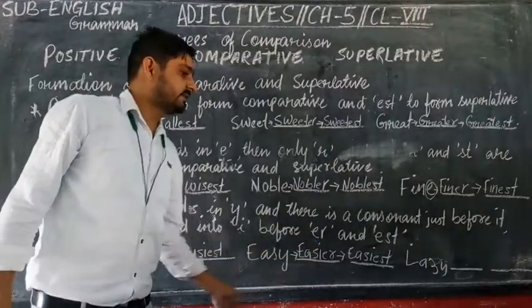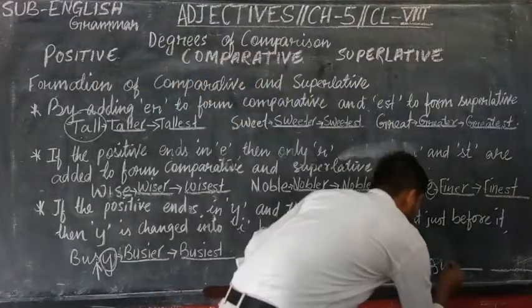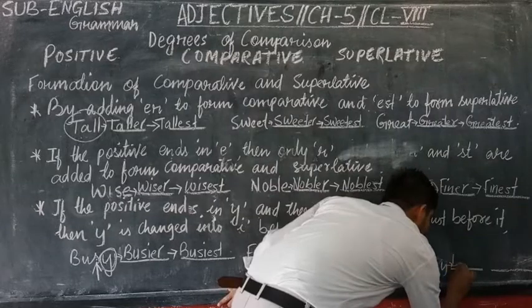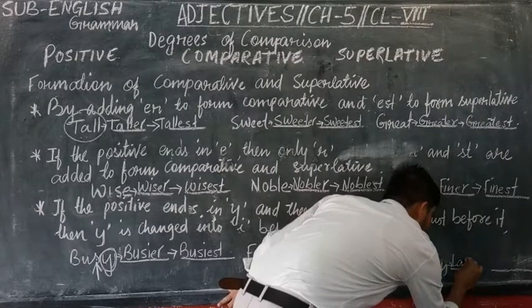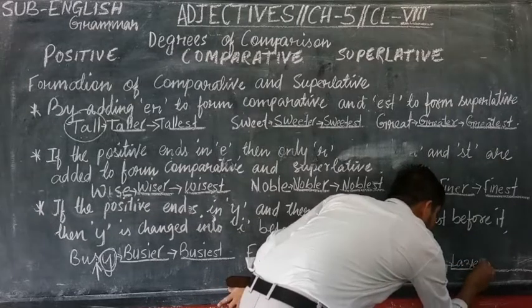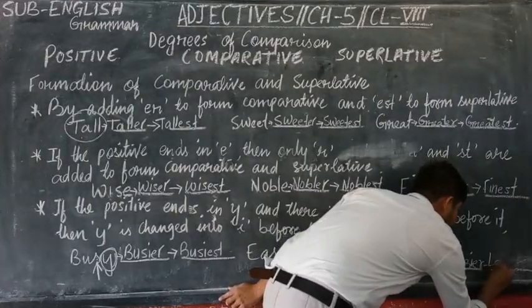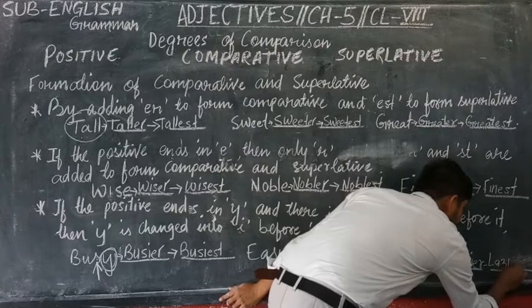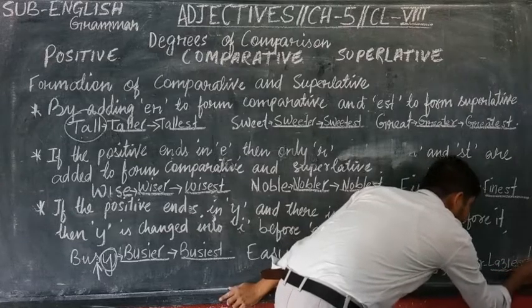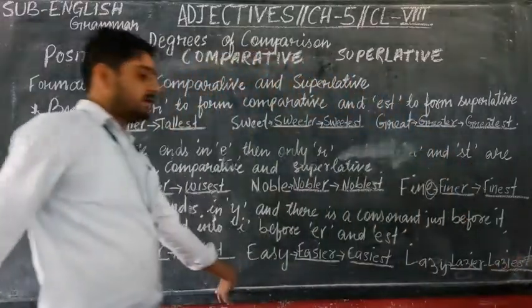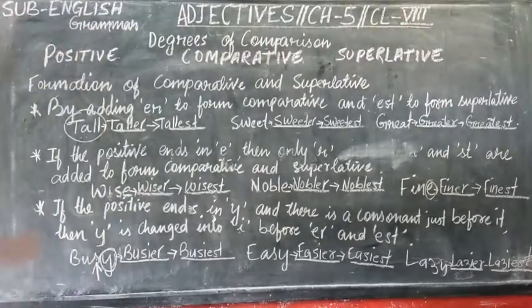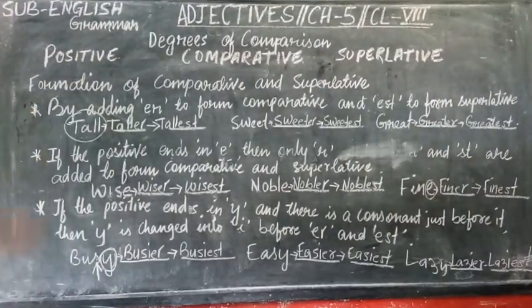Easy, easier, easiest. Now the last one, lazy. L-A-Z-I-E-R, lazier. Then L-A-Z-I-E-S-T, laziest.